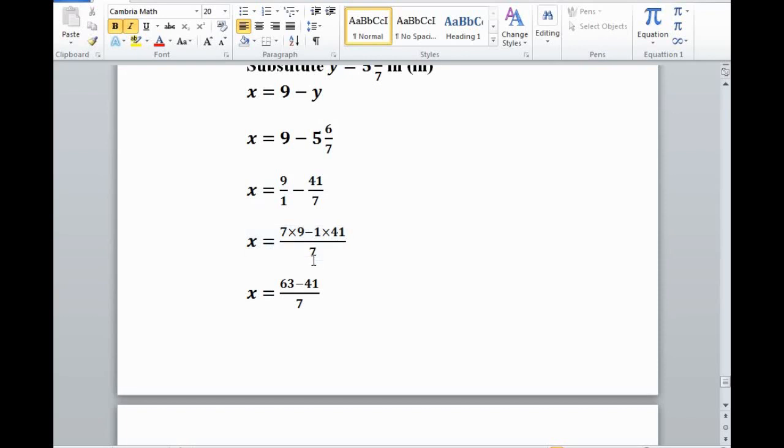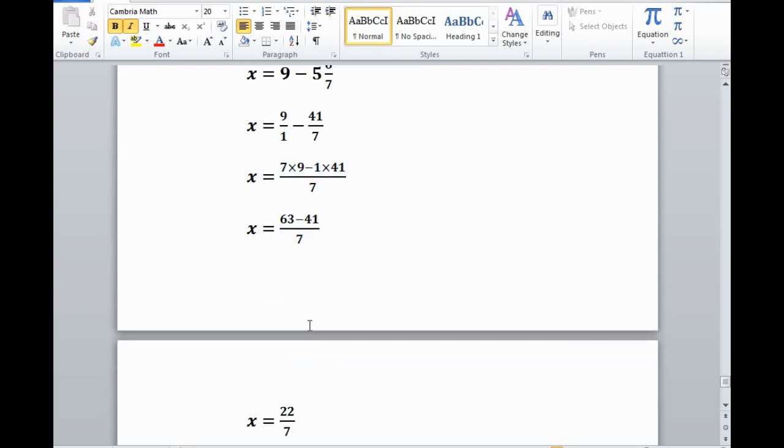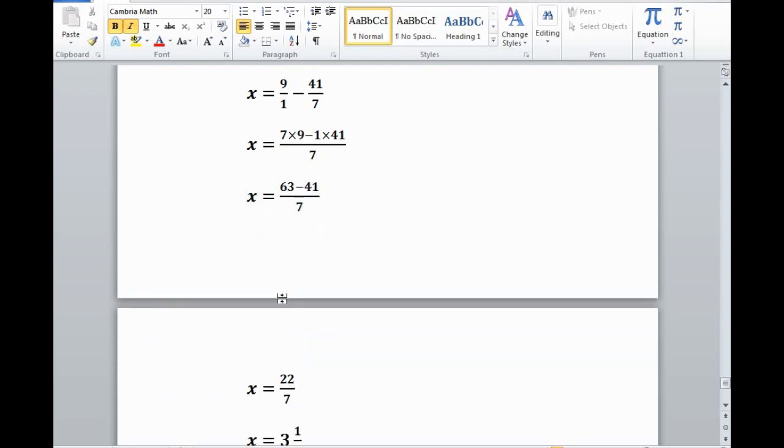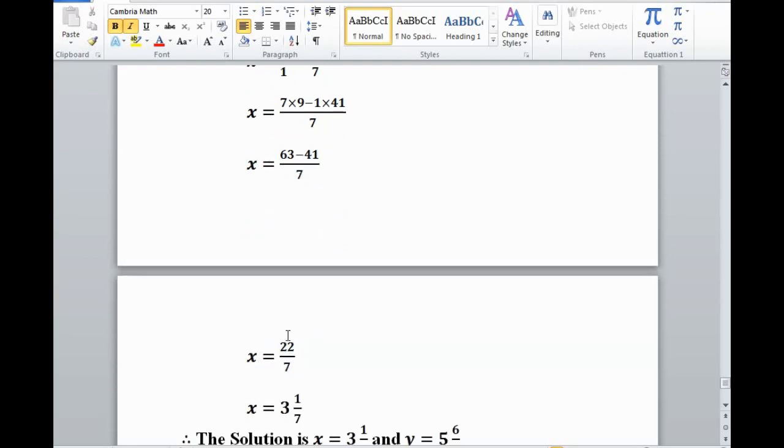Once again, LCM divided by the second denominator 7, 7 divided by 7, 1. 1 will be multiplied by the second numerator, 41. So 7 times 9, 63, and negative 1 multiplied by 41 is negative 41 upon 7. If we subtract 41 from 63, we get 22 upon 7.